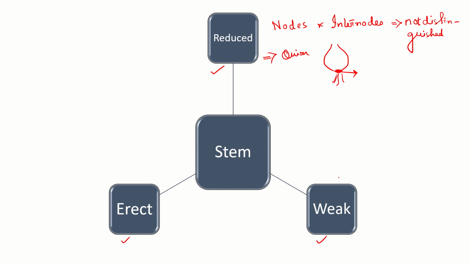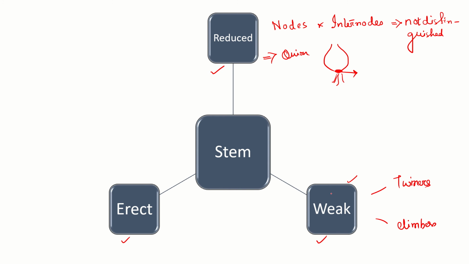Next we'll come to weak stems. Weak stem again can be differentiated into two types. One is twiners, the other is climbers.